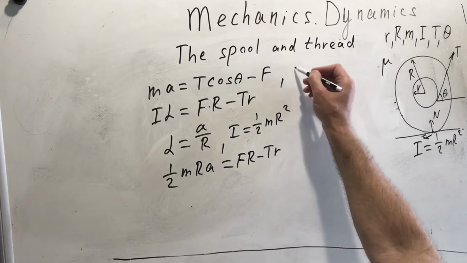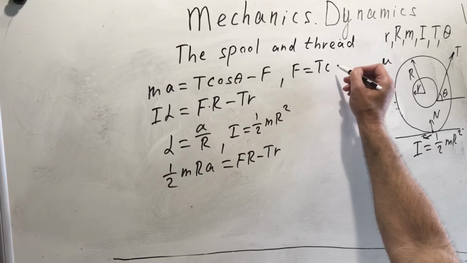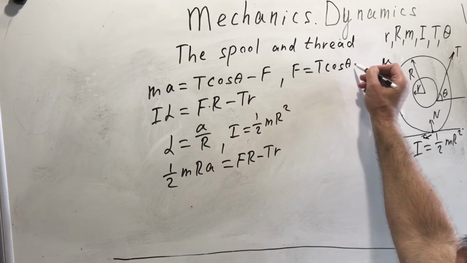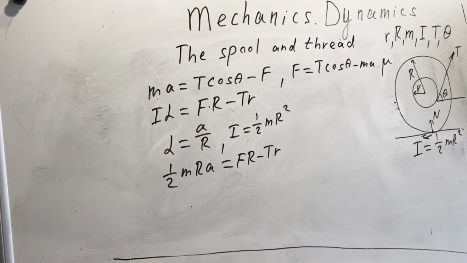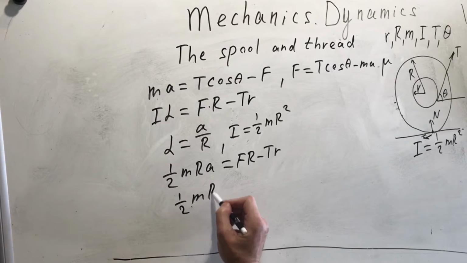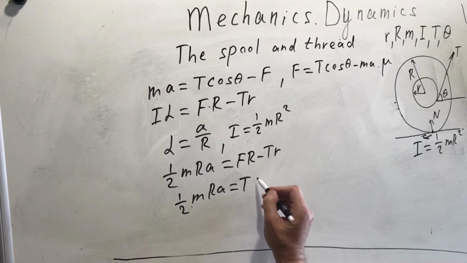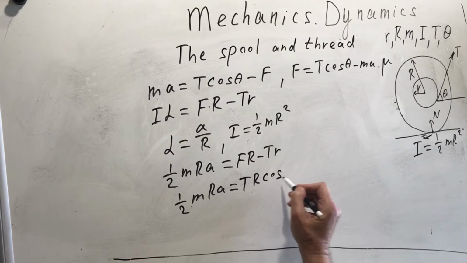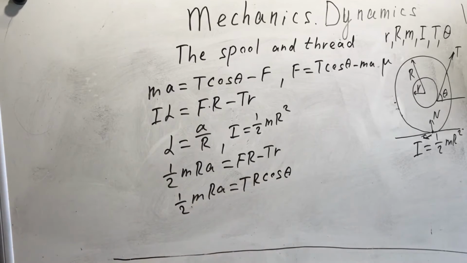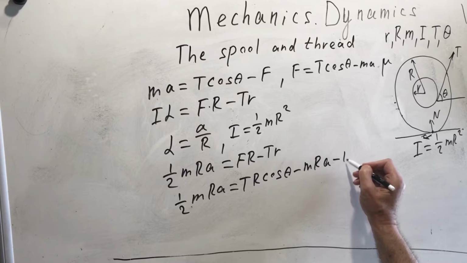From this equation we have force of friction equal T cosine theta minus ma, and we can put it in here. So we have 1/2 mRa equal force of friction, that's TR cosine theta minus mRa minus T small r.